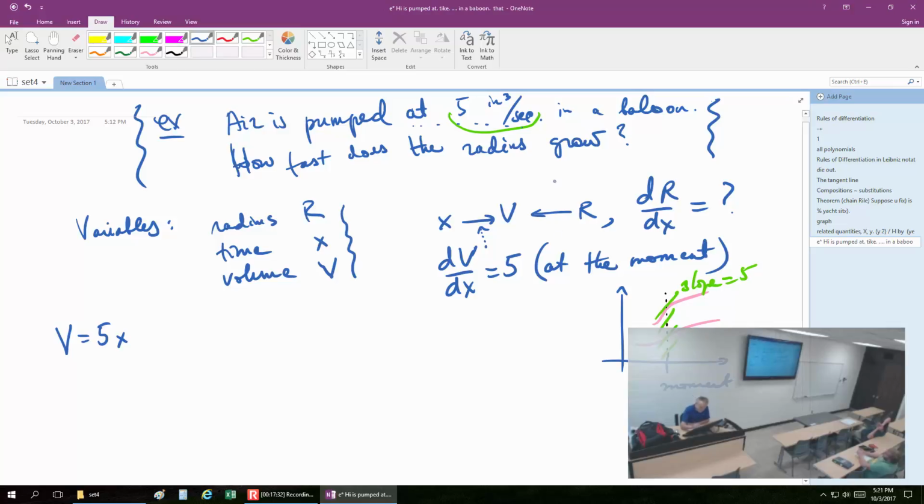This one is missing, the second piece of information: we need the relation between the volume and the radius. Fortunately, in case you don't remember the formula, I have it right here. Anybody remember how to express the volume of a sphere in terms of its radius? Is that pi r squared?